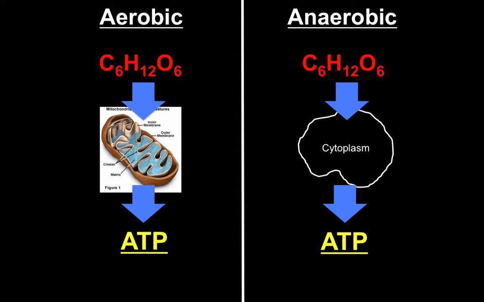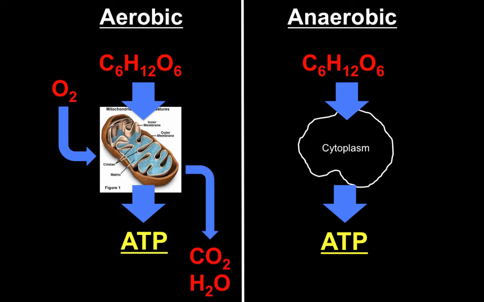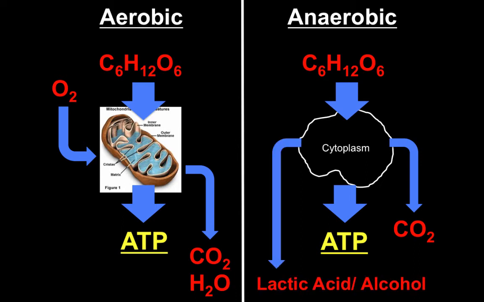Now in the form of aerobic respiration, I'm going to also use oxygen as a reactant, and I'm going to also make carbon dioxide and water. In anaerobic, I don't have any other reactants, but I'm also going to make carbon dioxide and either lactic acid or alcohol. Lactic acid would be the one that occurs in your muscles.